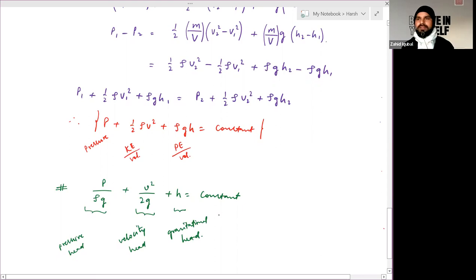Related to this part, you'll be directly asked: calculate the velocity head related to this particular expression. So what do you mean by velocity head? You'll say half of v squared by gravity. Okay? Yes, sir.